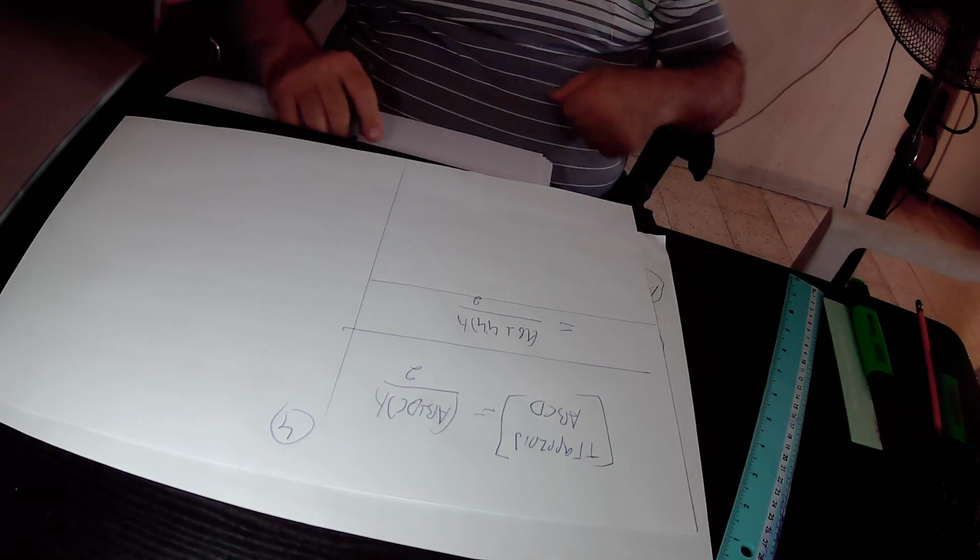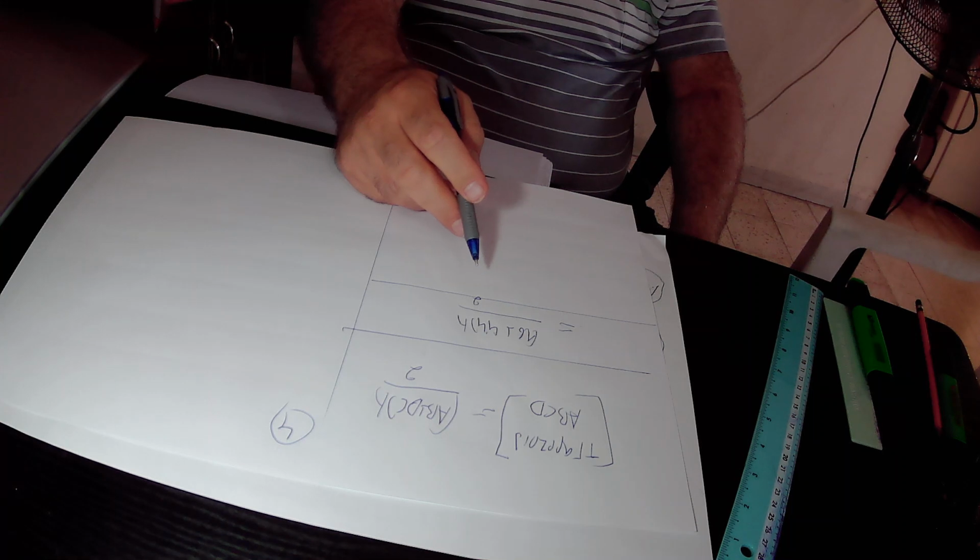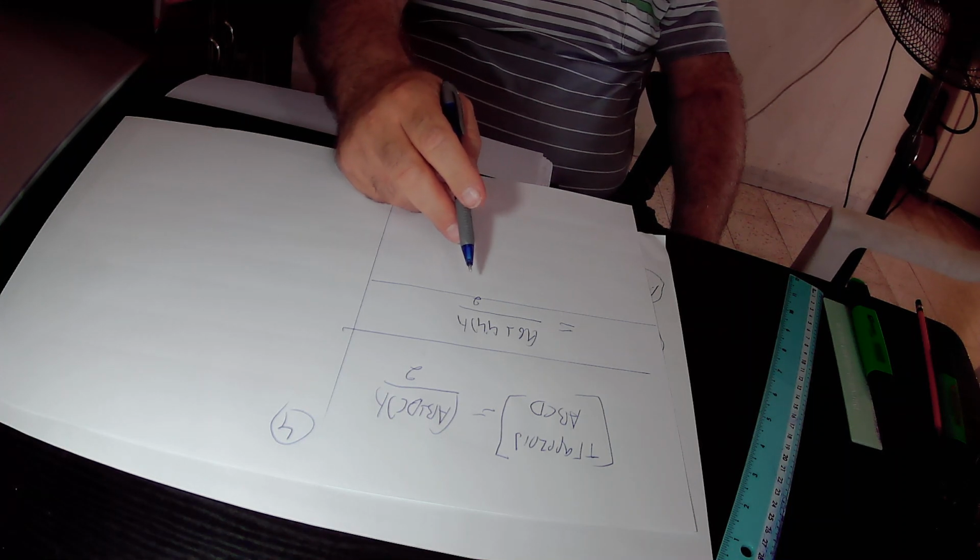So the area of trapezoid ABCD in total equals 16 plus 44 times the height h over 2.